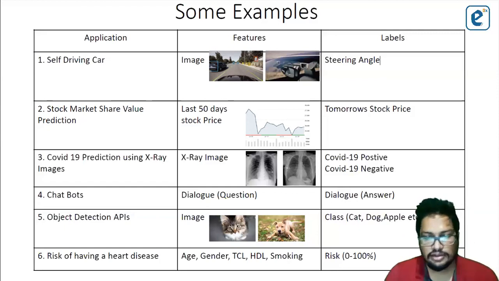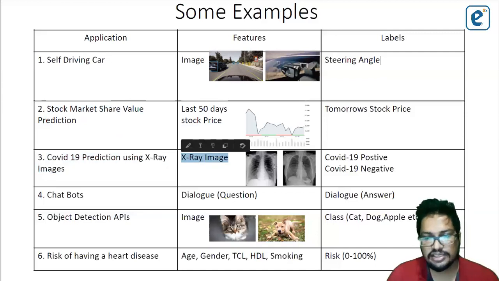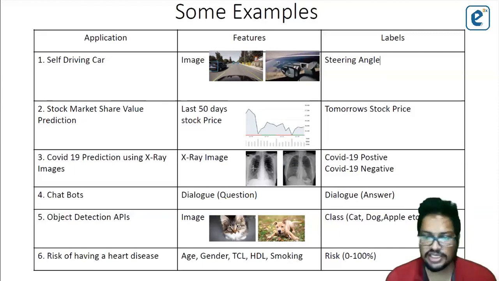And COVID-19 prediction using X-ray images, right? The X-ray image will be the input, and pixels will be the features. The label will be COVID-19 negative or COVID-19 positive.